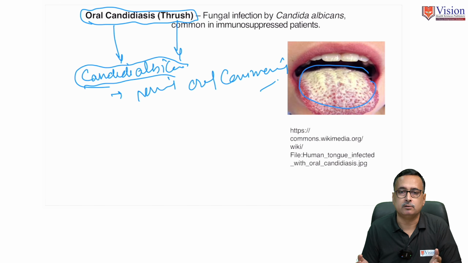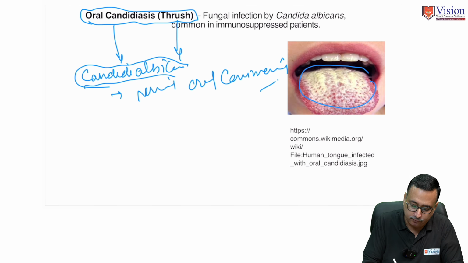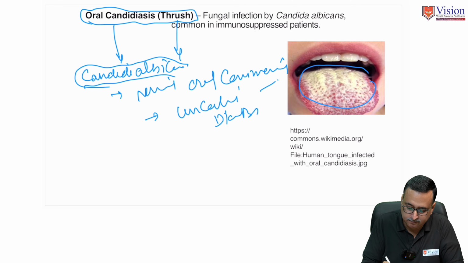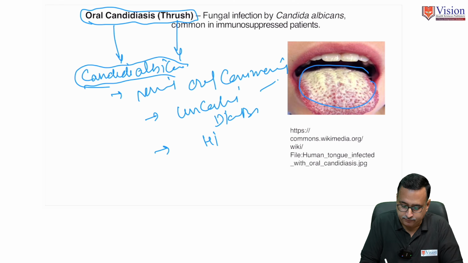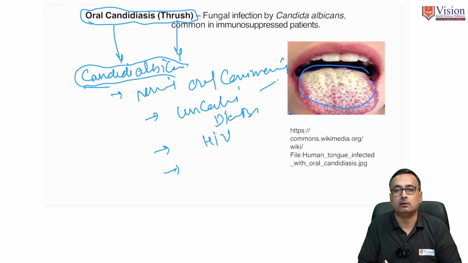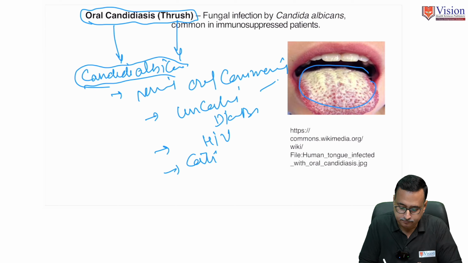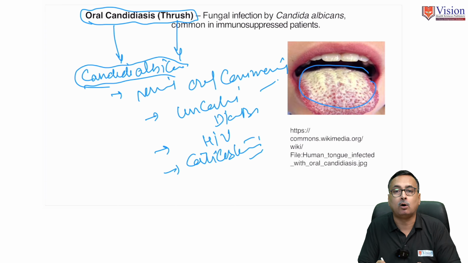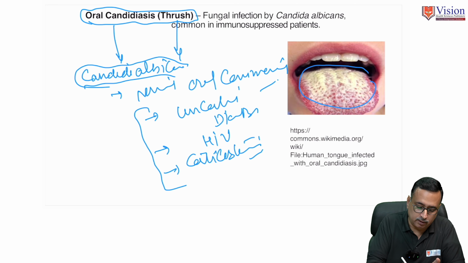Whenever the body immunity goes down, maybe because of chronic disorders like uncontrolled diabetes, HIV infection, taking corticosteroids, after organ transplantation, or chronic osteoarthritis, these are suspected conditions where the body immunity goes down.